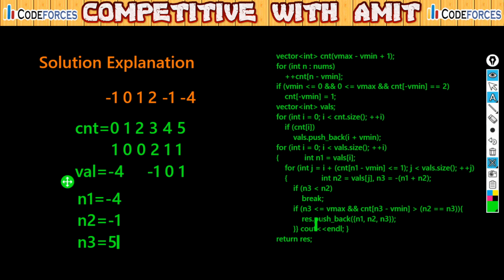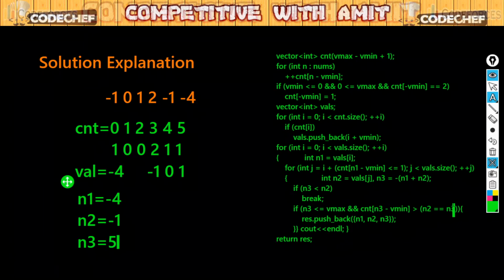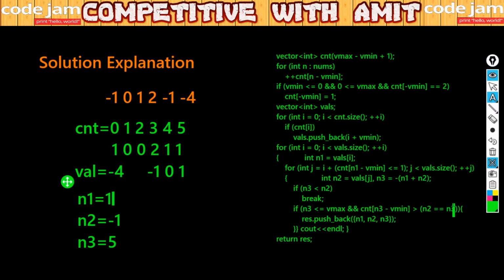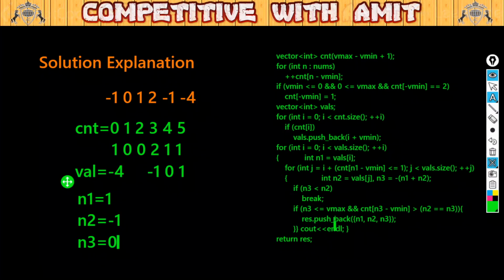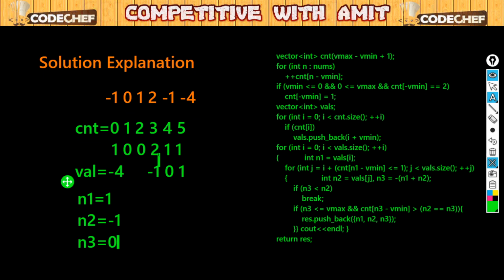Now what I am doing here is, if all these conditions are satisfied. Now when will all these conditions be satisfied? When this will be like this and this will be 0. Now our first condition is that n3 should be less than vmax. So in this condition this becomes true. n2 is not equal to n3 and this is also greater than 0.